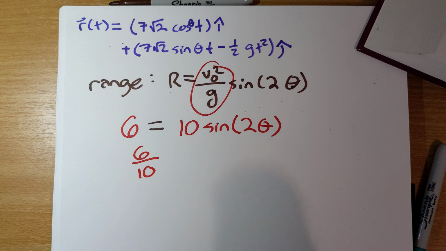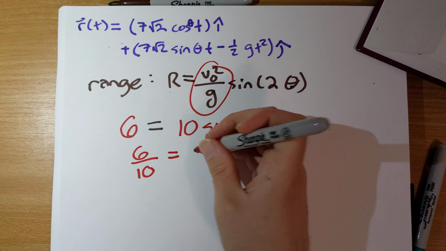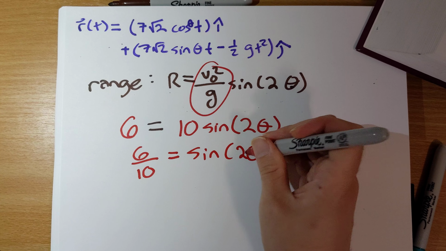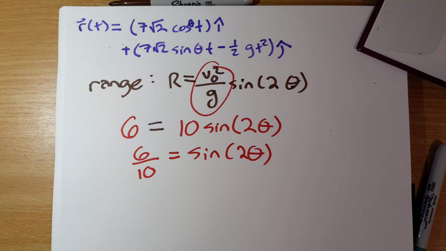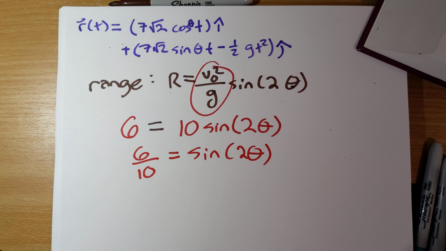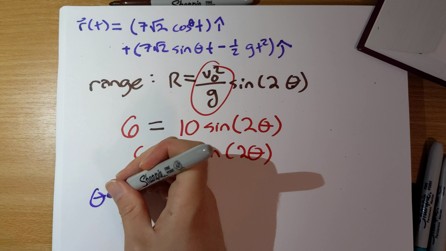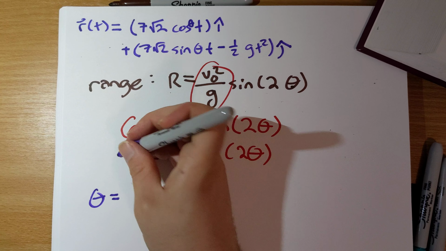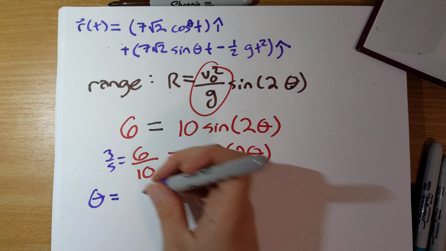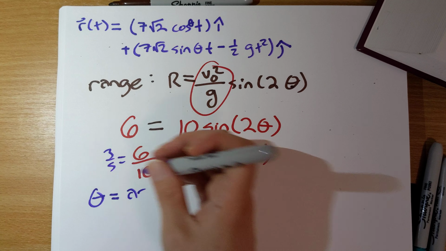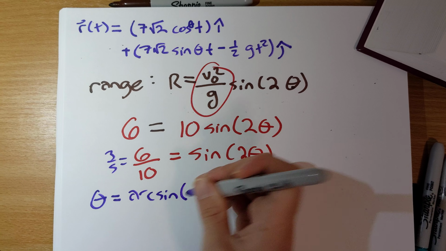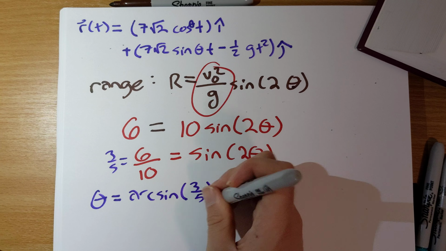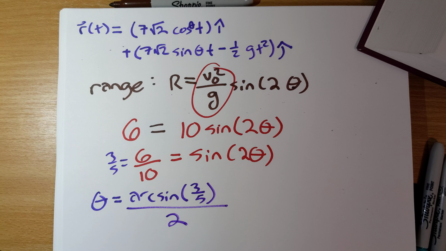So 6 divided by 10 is equal to sine of 2 theta. And so this is what we can do here. We can just say theta is equal to, of course that's 3/5, theta is equal to arc sine of 3/5, all of that divided by 2.